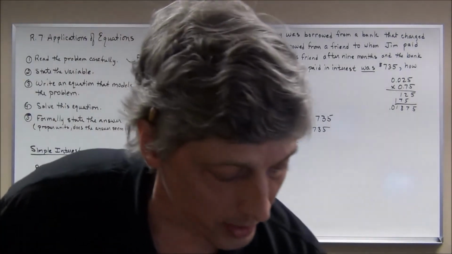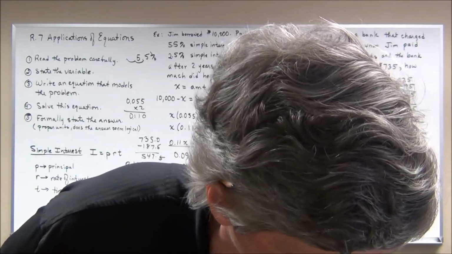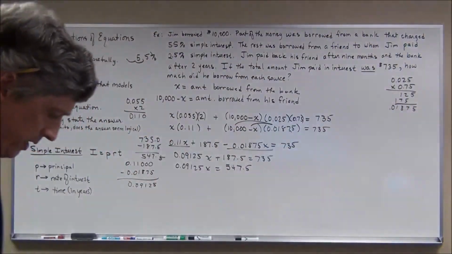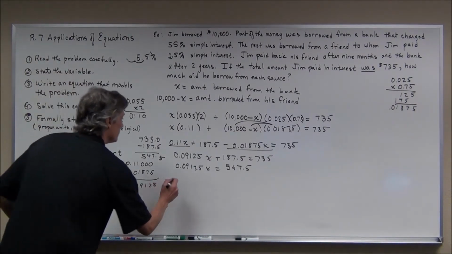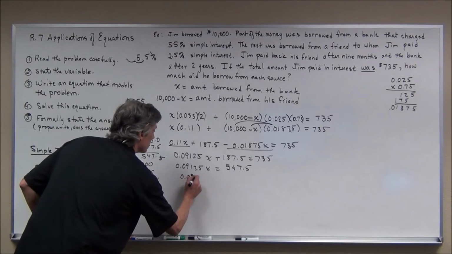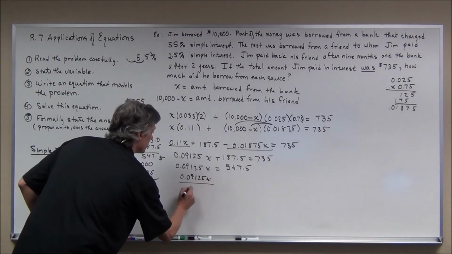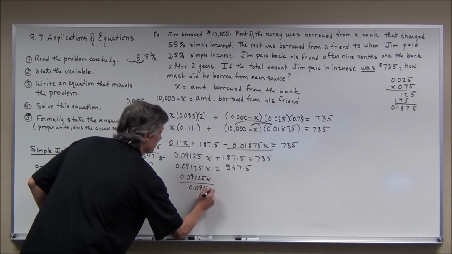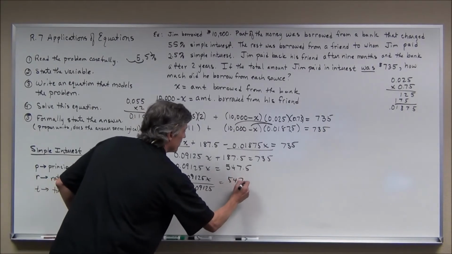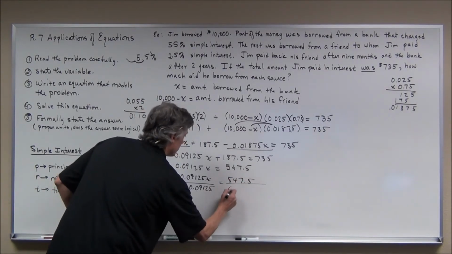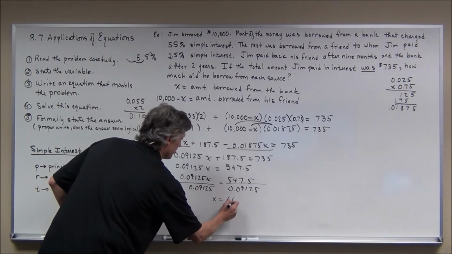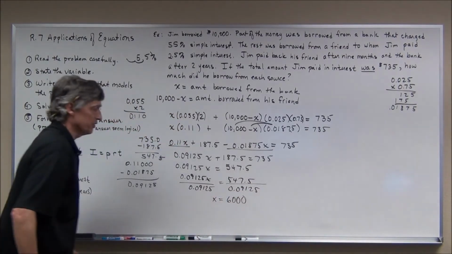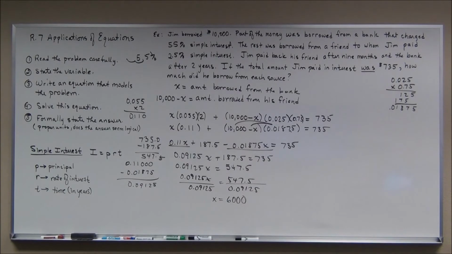Or even better yet, I'll cheat and look at my arithmetic that I have written down on this piece of paper, and I find that X turns out to be 6,000, if I didn't mess up on this, and hopefully I didn't.